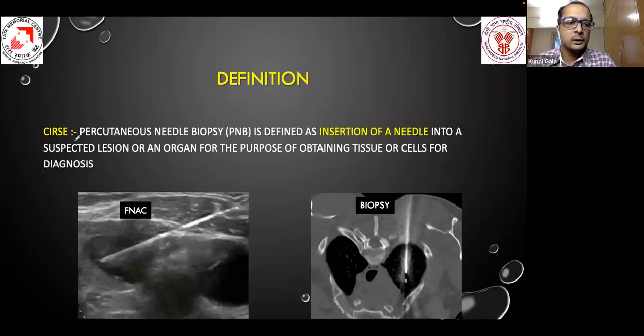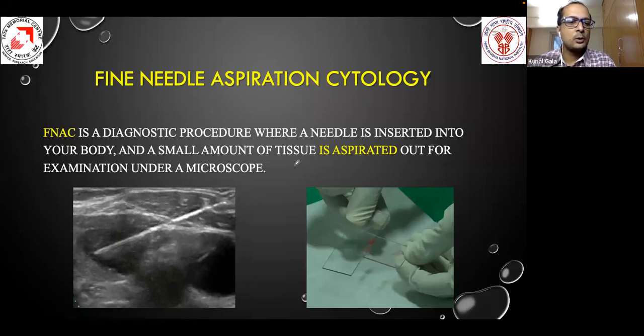According to CIRSE, percutaneous needle biopsy is defined as insertion of a needle into a suspected lesion or organ for the purpose of obtaining cells or tissue for diagnosis. It can be either FNAC or FNAB, that is fine needle aspiration cytology, or a biopsy. In cytology, a small amount of cells is aspirated onto slides, smears are prepared, and then checked under the microscope.